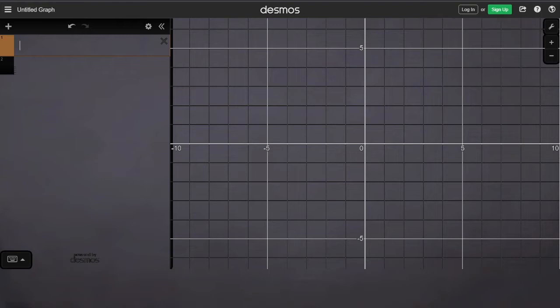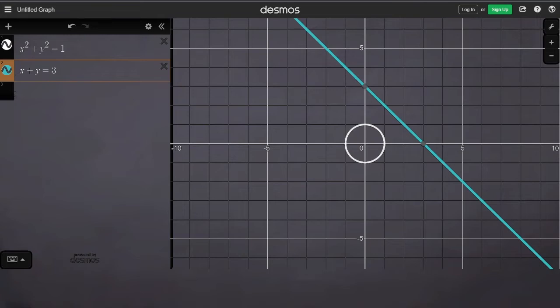For example, if I graph the circle x squared plus y squared equals 1, and I graph the line x plus y equals 3, the line very clearly misses the circle entirely. We call a situation like this an inconsistent system.